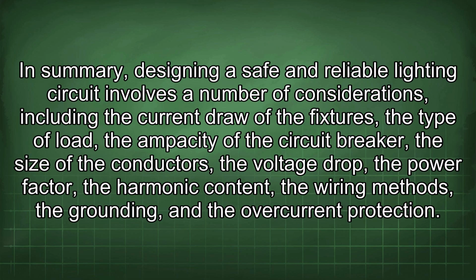In summary, designing a safe and reliable lighting circuit involves a number of considerations, including the current draw of the fixtures, the type of load, the ampacity of the circuit breaker, the size of the conductors, the voltage drop, the power factor, the harmonic content, the wiring methods, the grounding, and the overcurrent protection.